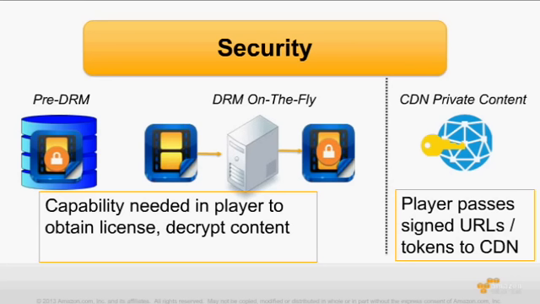The takeaway from this slide is that these security options typically require your player to be able to support the DRM or the CDN private content features that you are using, based on your use case, to secure your content so that only your authenticated viewers have access to it.